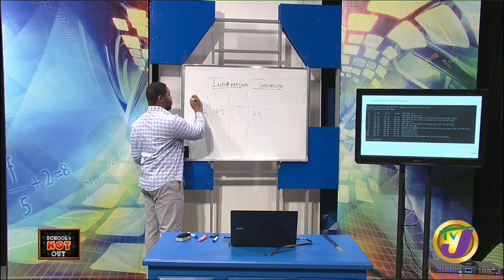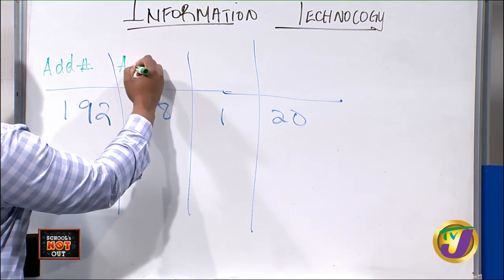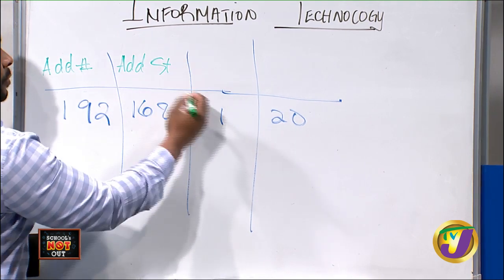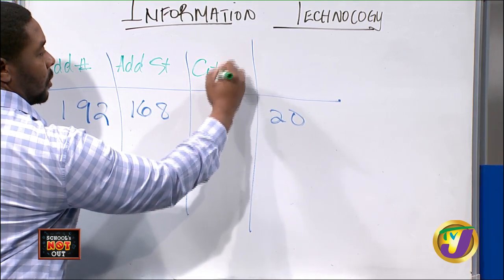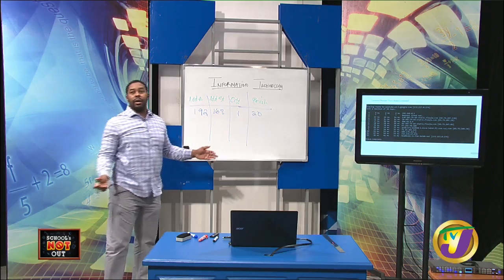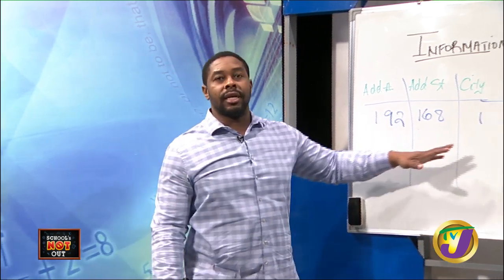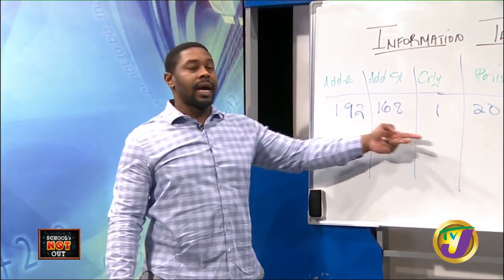So this could be address number, street, city, parish. And they were asking what would be the entire IP address for a particular city or street given this kind of a setup.